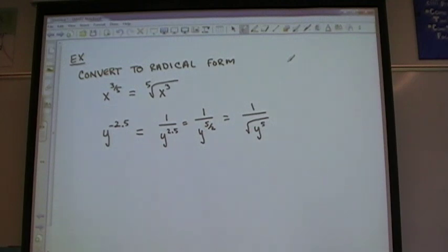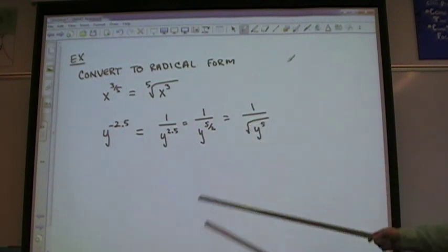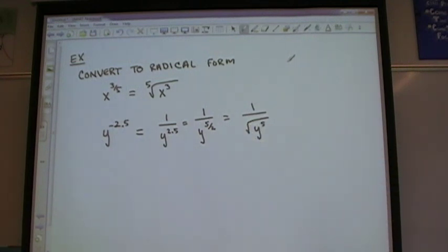Anything to the 1/2 power is the same as a square root. You don't have to put a 2 out here; 2 is understood for square roots. If it's a decimal, change it to a fraction. That's the only way you can get to radical form.